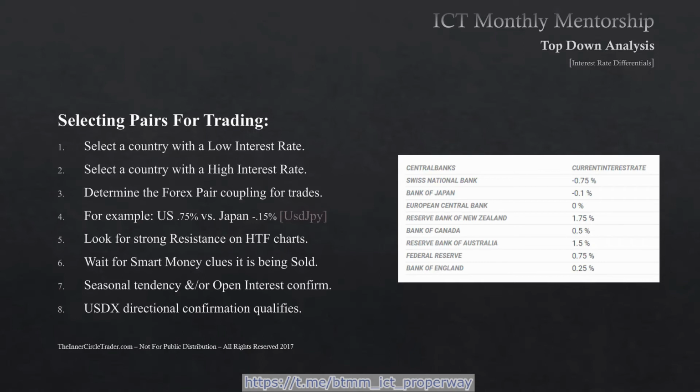So if we're expecting weaker Japanese yen because of the lower interest rate, the pair we've coupled for foreign exchange trading, the dollar yen, is the pair we'll be trading. Even though we're looking for weakness in yen, we're looking for the opposite for the pair, the way it's formed. So the dollar yen pair is actually going to strengthen or go up in our charts.